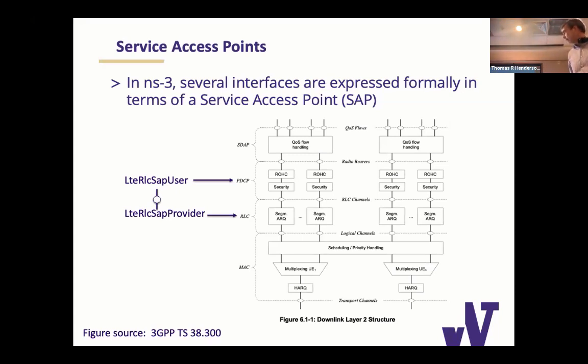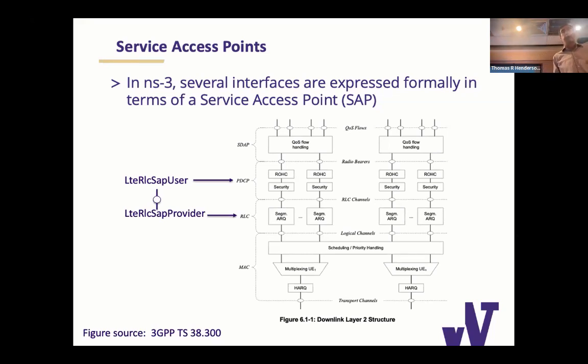So conceptually, where you have, for instance, a PDCP and an RLC layer, these software objects are actually talking to C++ classes that are of type LTE RLC SAP user and LTE RLC SAP provider. So for instance, the PDCP layer, when it wants to deliver a packet down to the RLC layer, it doesn't have a pointer to an RLC object specifically.